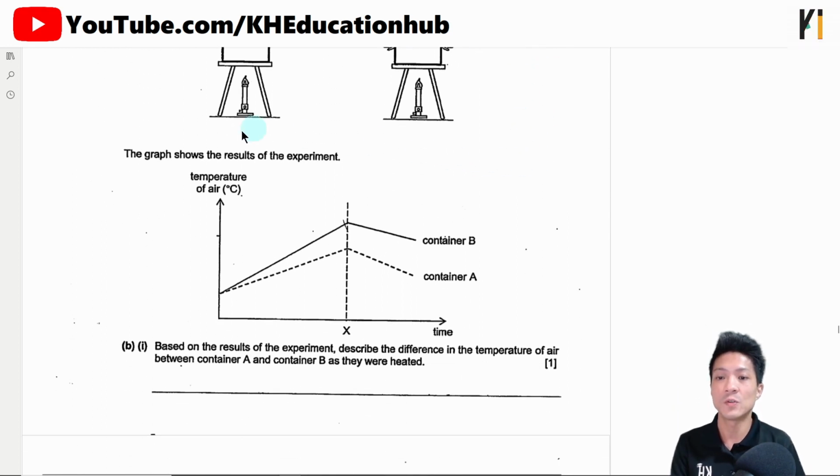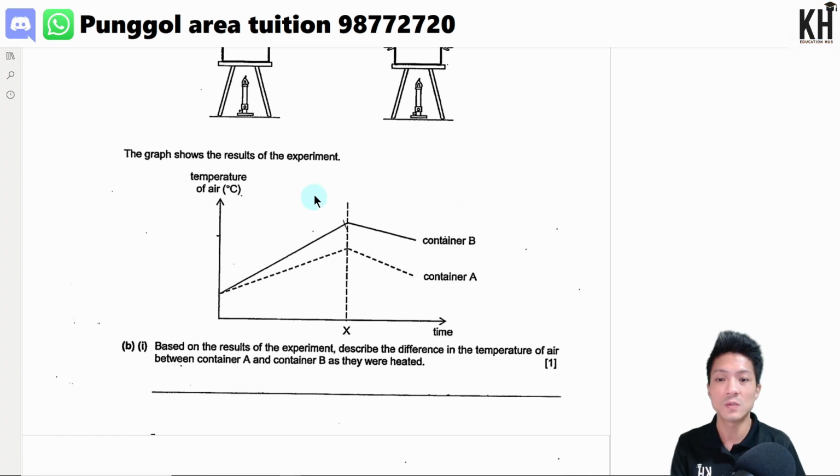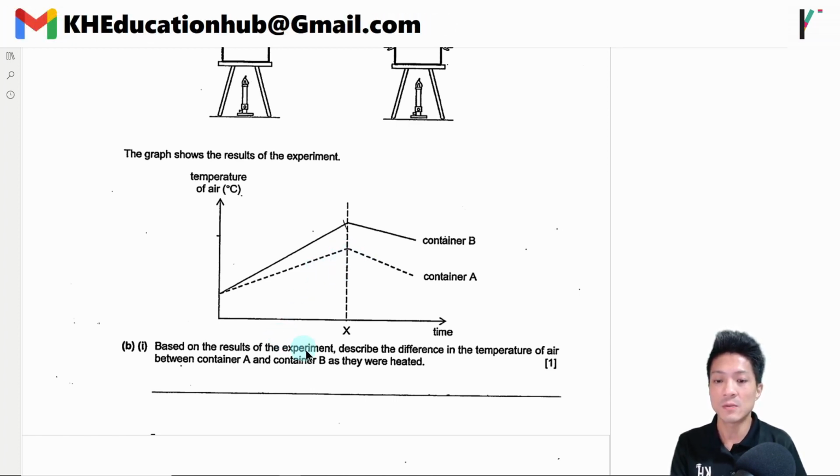The graph shows the results of the experiment. So we can see that the temperature of B is increasing faster than the temperature of container A. Based on the results of the experiment, describe the difference in the temperature of air between container A and B as they were heated.